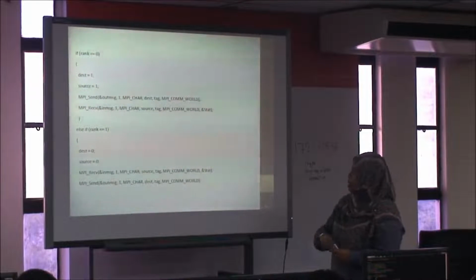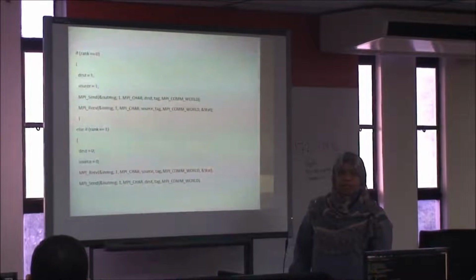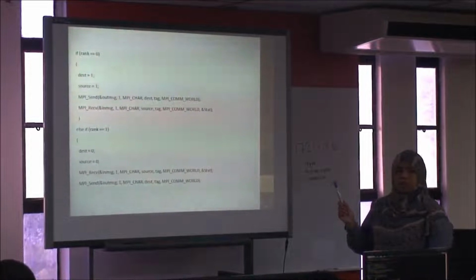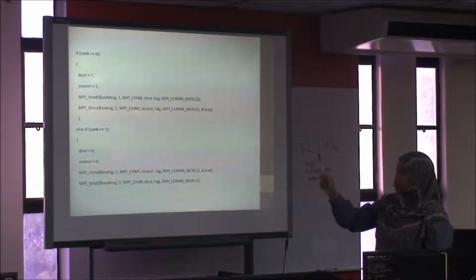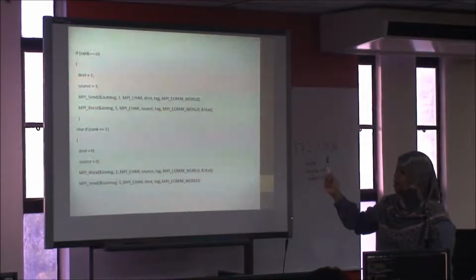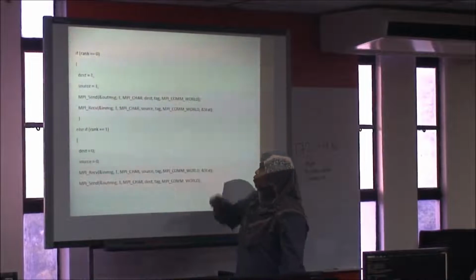And then remember, we have to put the destination. The destination is 1. Now this send will send X to processor 1. And then a tag, to make sure there is a tag there, and MPI comm.